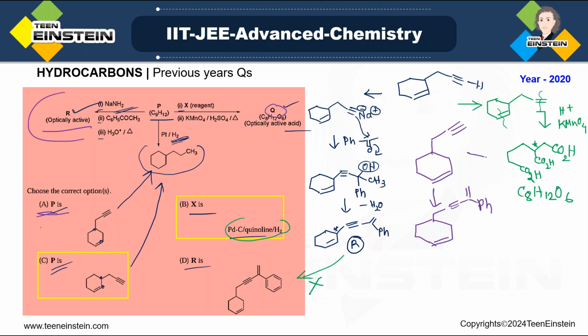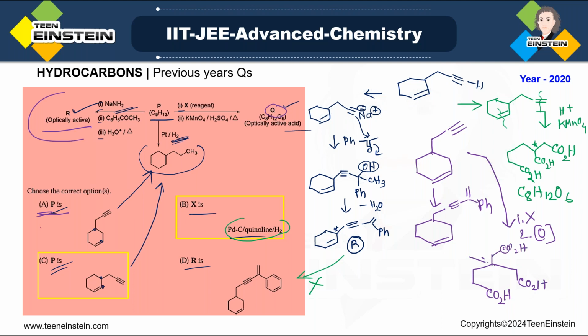If you now do the same reaction for the right hand side, first you are treating with X, then you are doing oxidation with KMnO4, you will see the triple CO2H structure that you will get. It will be something like this: CO2H, CO2H, and then CO2H.